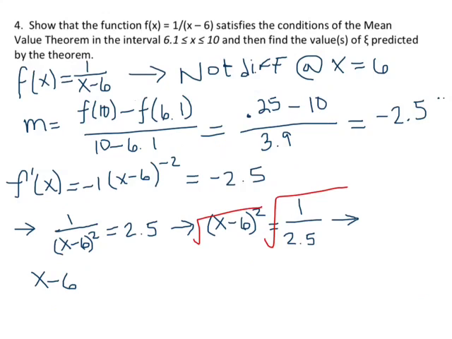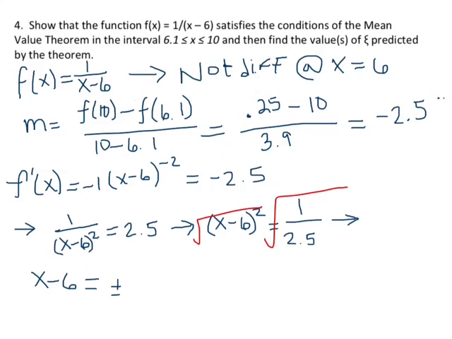On the other side, when we take the square root of 1 over 2.5, we have a plus and minus value, but you're going to see that we only need one of them. If you'd like, we can write it out with plus and minus. Then we'll go over to our calculator to get this computation.